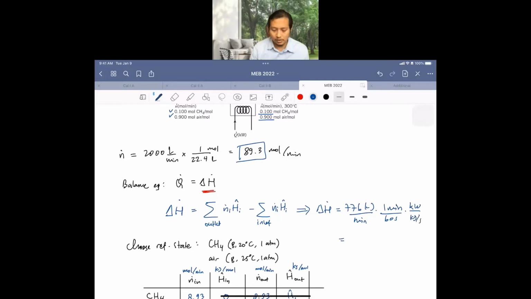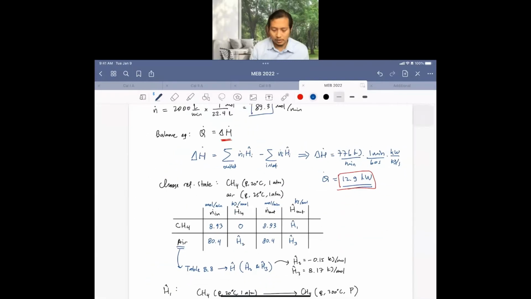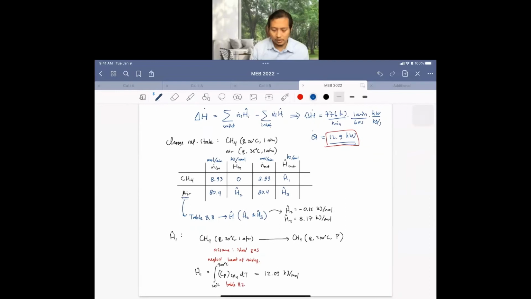Divide by 60, it is around 12.9 kilowatt. So table B8 and table B2: table B8 for enthalpy that is given, especially for the air, and table B2 for the CH4.